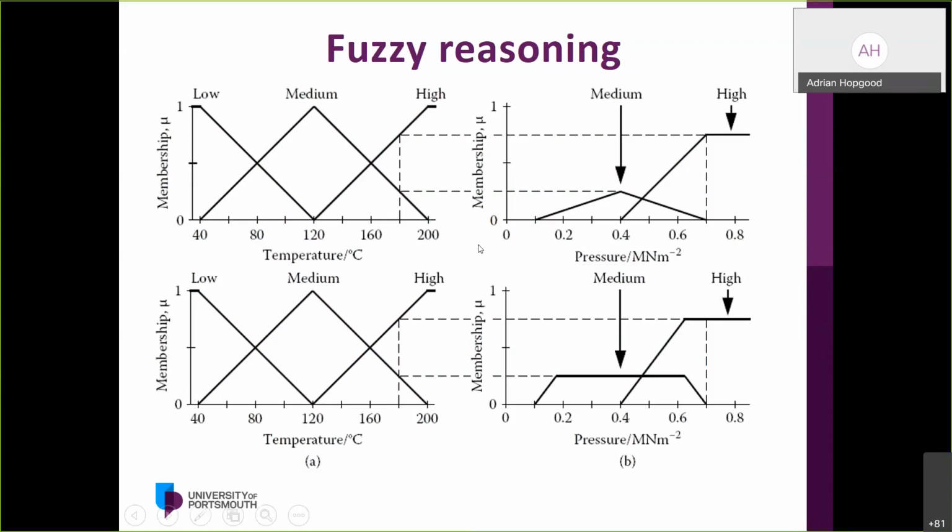So if we consider the specific case of temperature of 180 degrees in the context of this industrial boiler, that is considered somewhat high, about 75% high and 25% medium. So that scaling is carried across to the conclusion, where the corresponding pressure is considered to be 25% medium and 75% high, and you can defuzzify that to get a corresponding pressure.